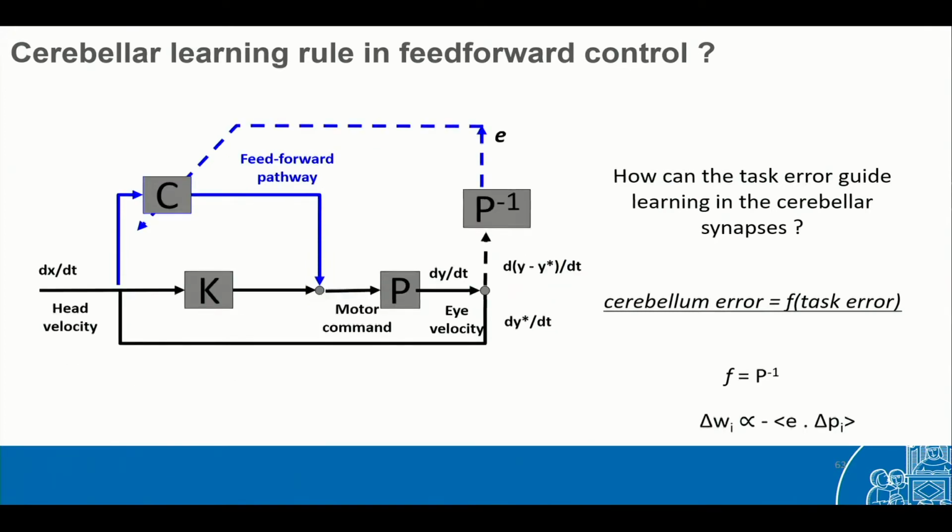What you need in such a case is an inverse function that is also learned by the cerebellum, which is actually a change in the kinematics, because you have an input coming from the vestibular system which accounts for the rotation of the head, but you need to move the eye in a different way because they are rotating on a different plane.